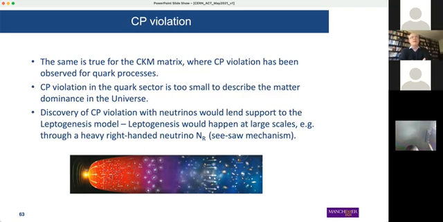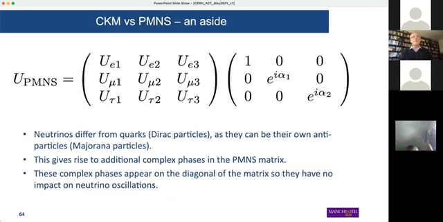One of the ways this could happen is through the decays of a heavy right-handed neutrino, which would be predicted in models which we call seesaw models. Now, if we measure non-zero CP violation in neutrino physics, you still need a model to extrapolate this to the scales required for leptogenesis.